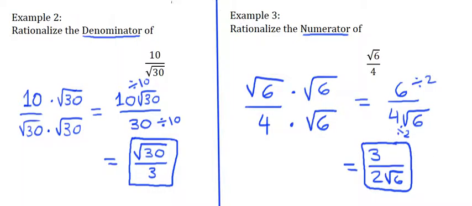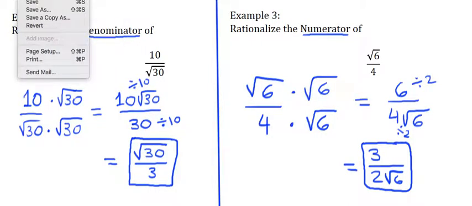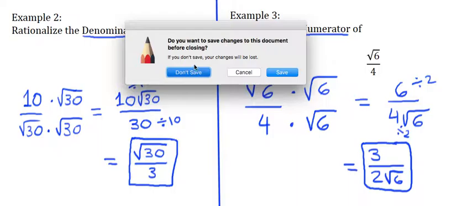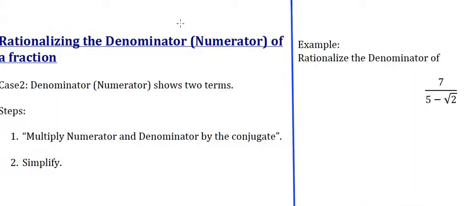Let's go ahead with case number 2, rationalizing the denominator or numerator of a fraction. Case 2: the denominator or numerator shows 2 terms.